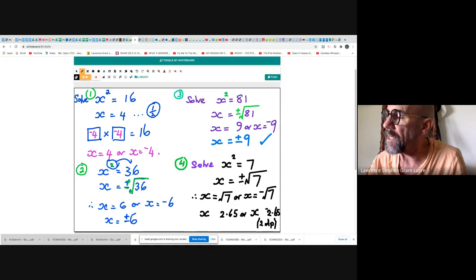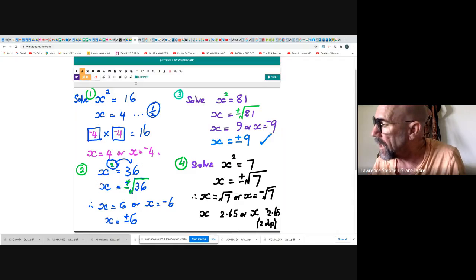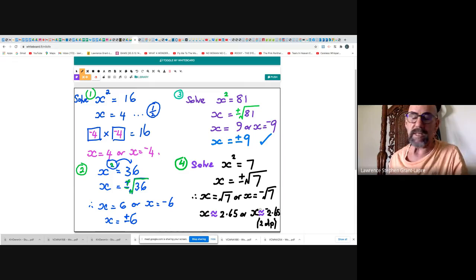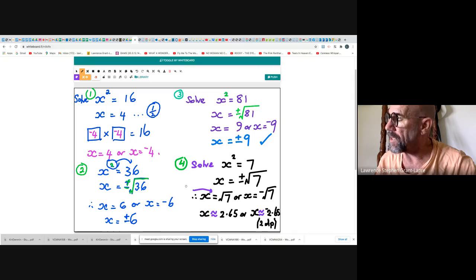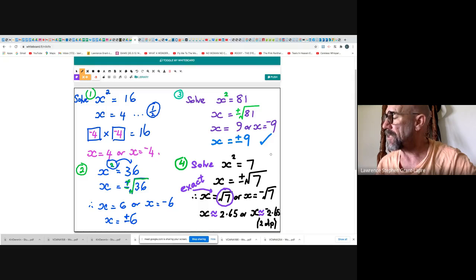cannot use an exact. You cannot write exactly. You could write approximately 2.65, or x is approximately negative 2.65, but the only way you can answer exact is if you leave the square root sign in the number and answer it, make it look like that. That's a special number.